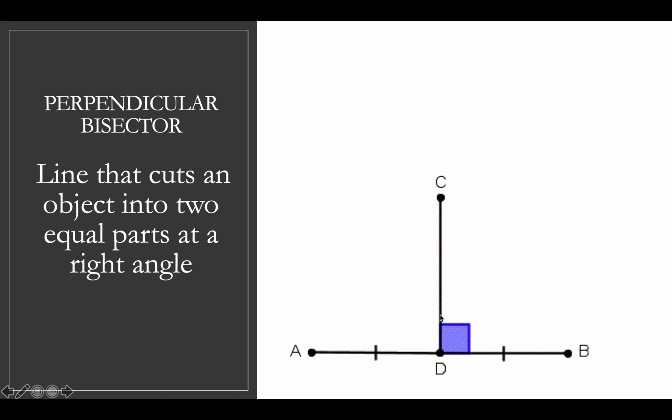And not only is it a bisector, but line CD is at a right angle with line AB, so that means that it's also a perpendicular bisector, right? So that's just a line that cuts an object into two equal parts, like this, at a right angle.